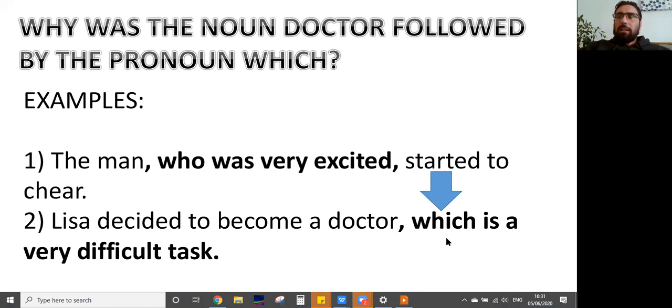Can you comment on that in the chat box? So can we comment why we're using the pronoun which here and not doctor?